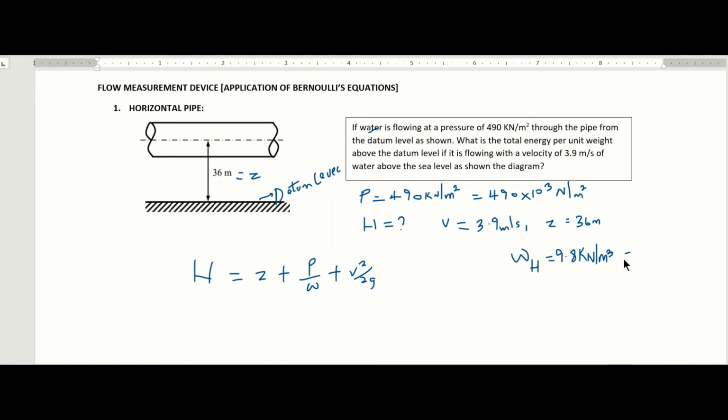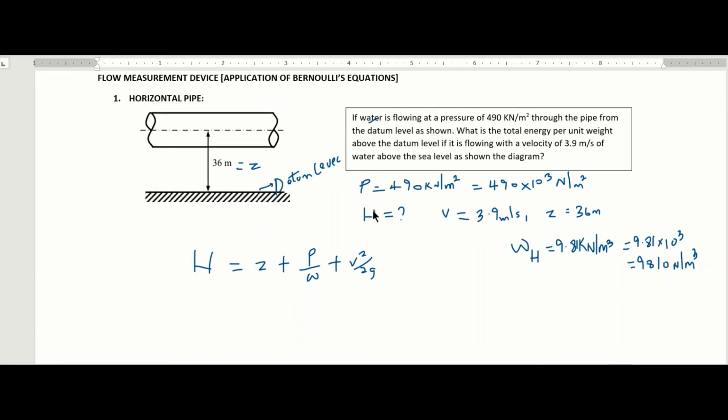That gives us 9.81 times 10 to the 3. So that gives us 9,810 Newton per meter cube. So that is the specific weight of water.